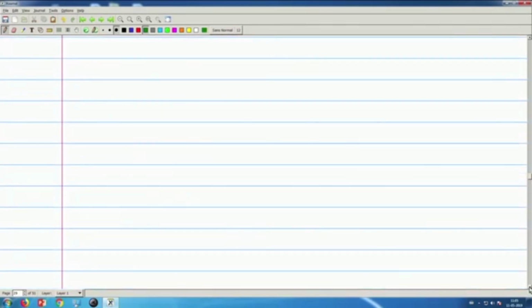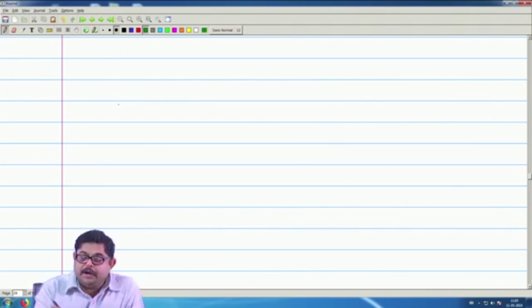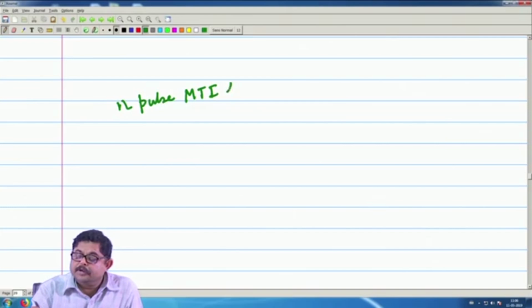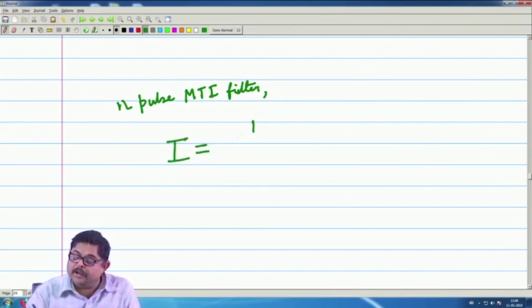So, for an n pulse MTI filter, 2 pulse, 3 pulse, if you do that evaluation, the improvement factor is given by a general formula.